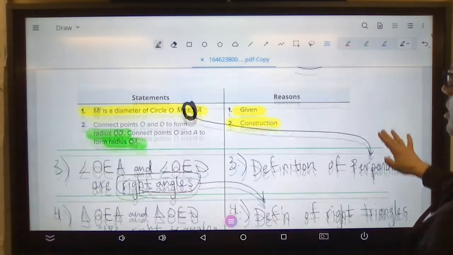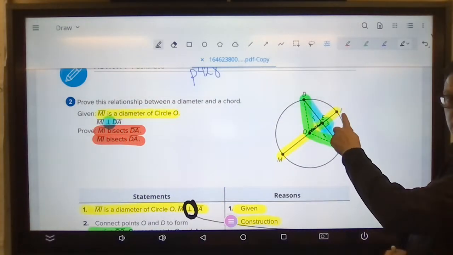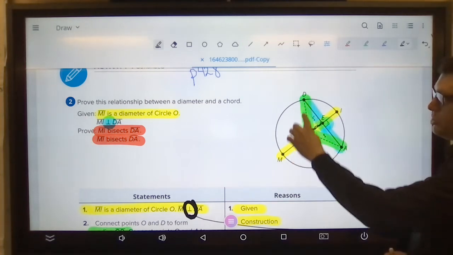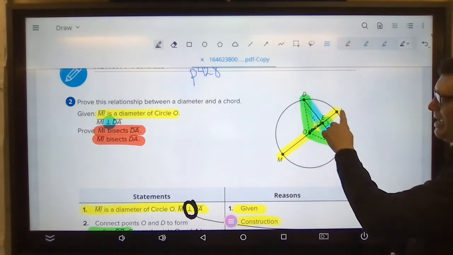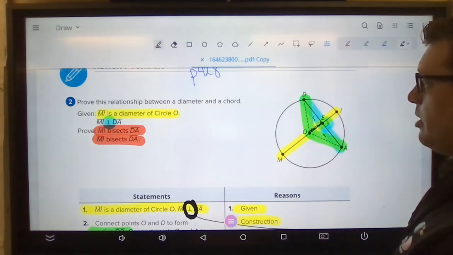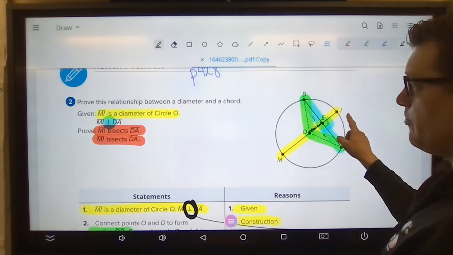Look at the thing up here, DI. Okay, DI is the intercepted arc created by angle DOE. And AI is the intercepted arc created by angle AOE.